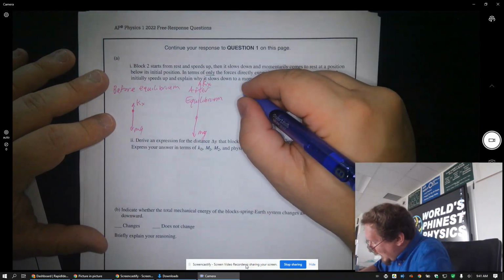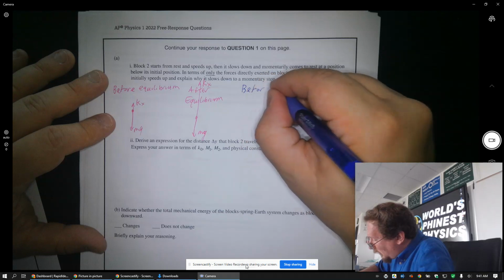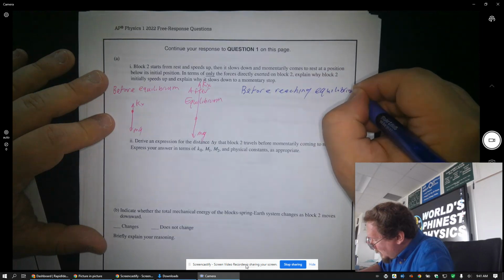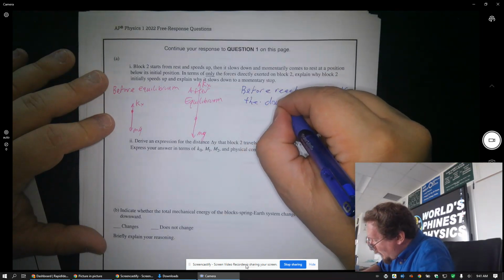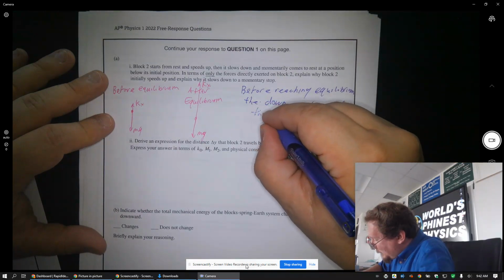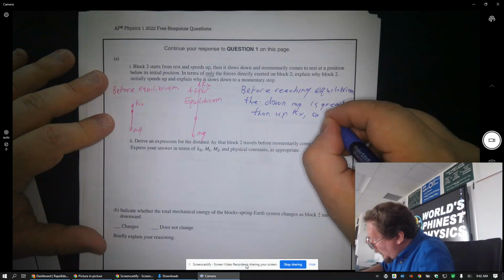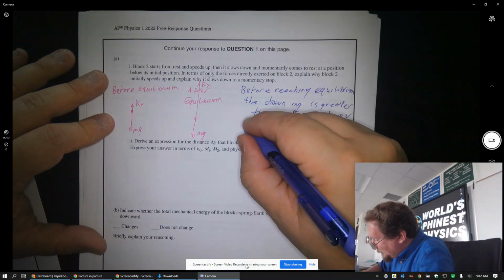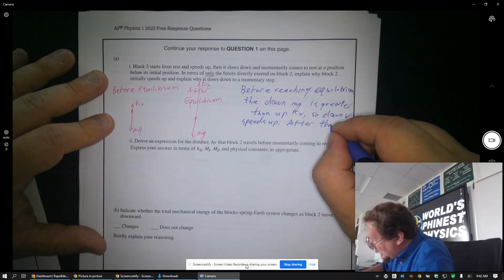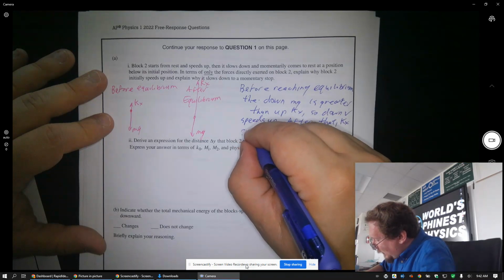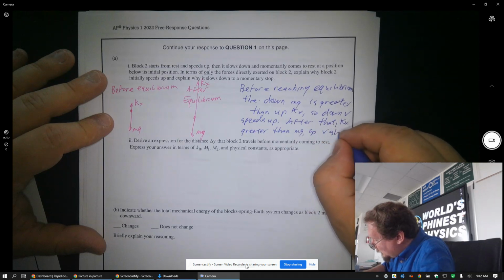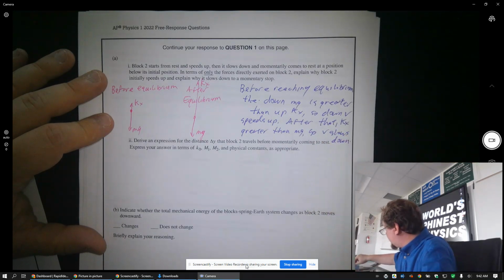So I'm going to say that before reaching equilibrium, the downward mg is greater than the upward kx, so the downward velocity speeds up. And then after that, kx is greater than mg, so the v slows down. Okay, so that's my answer to that.